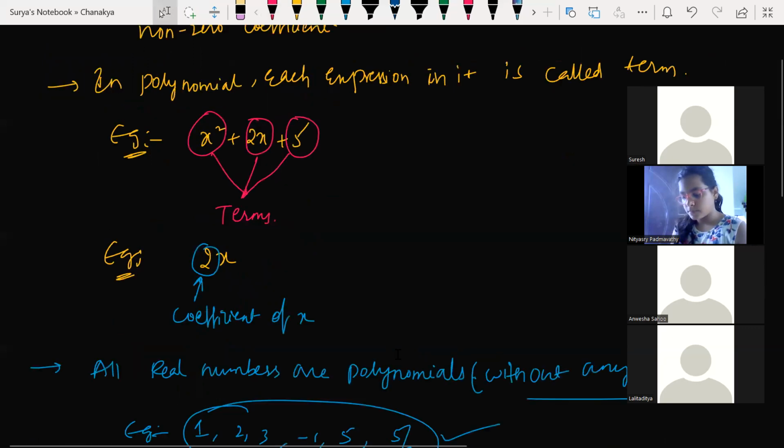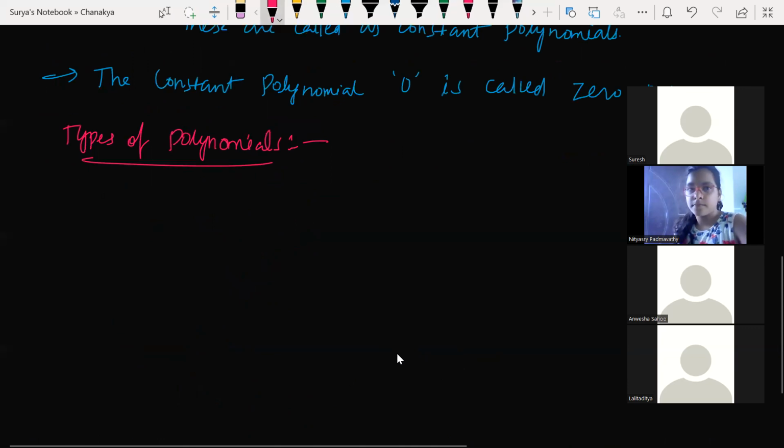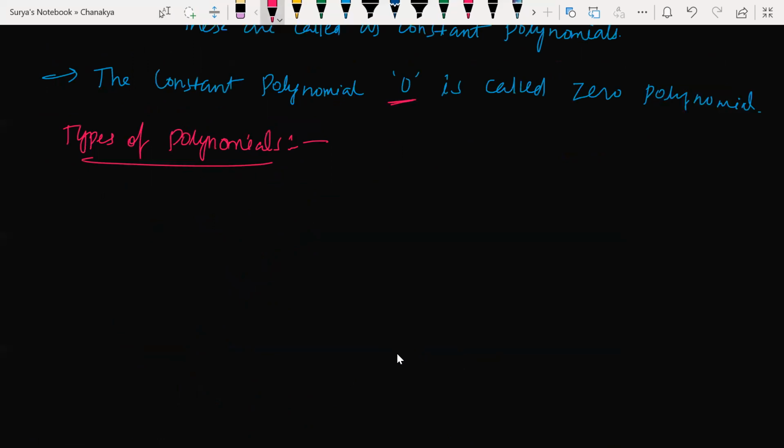Okay, people. Now types of polynomial is what? The constant zero called as a zero polynomial, etc. First of all, we start with the constant polynomial.